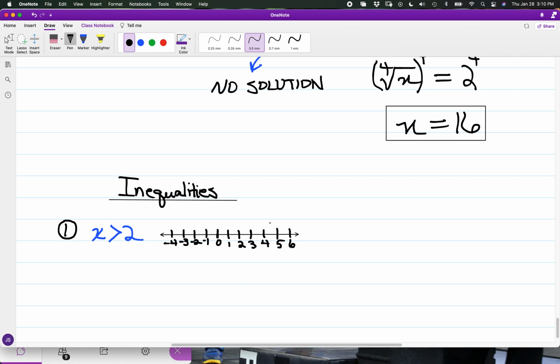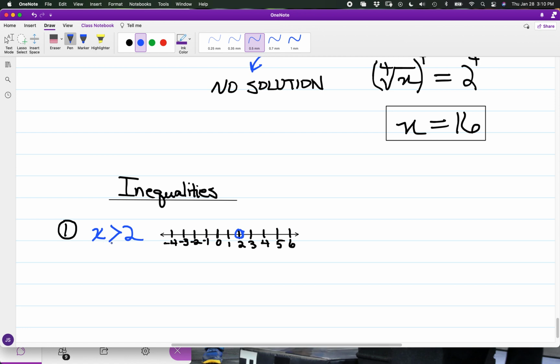In the case of x is greater than 2, if I were to display it graphically, the book has it as parentheses, but in Alex, instead of parentheses, you'd be looking at holes or open circles. So on the 2, we have an open circle, meaning that because you have a hole, 2 is not included in the description.